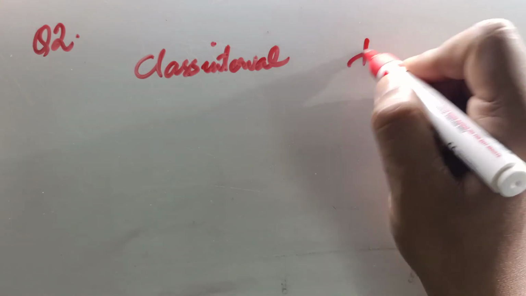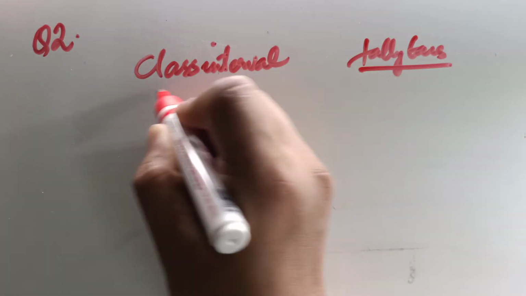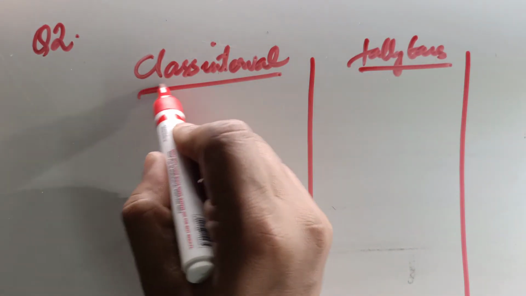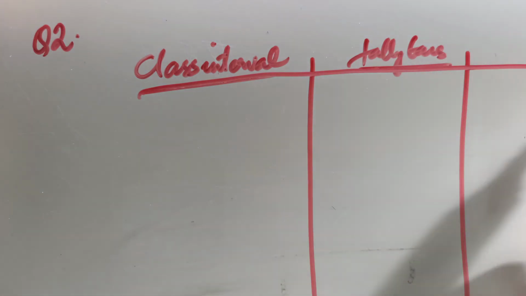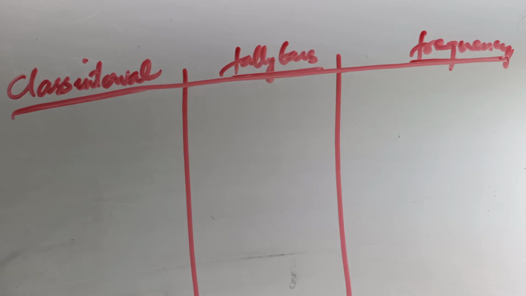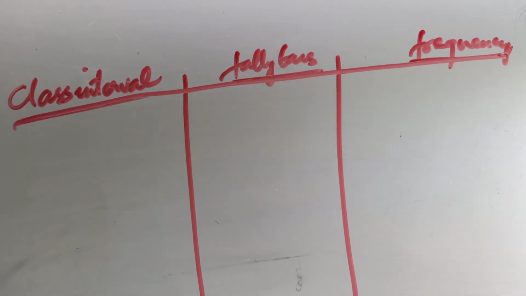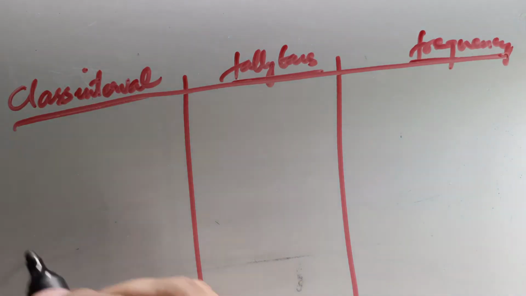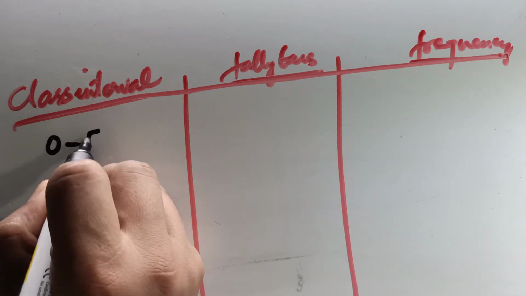Then we have tally bars, and then we have frequency. Now they are saying that the first class interval should be 0 to 5. Okay, so they have given the first one, so let's keep this as 0 to 5.